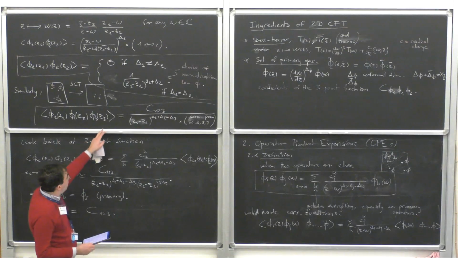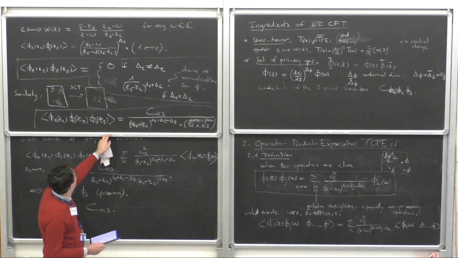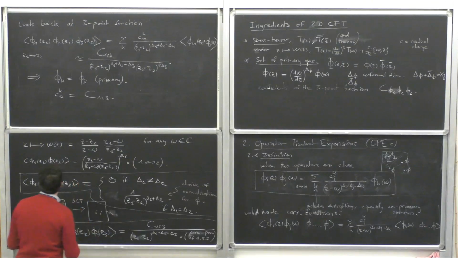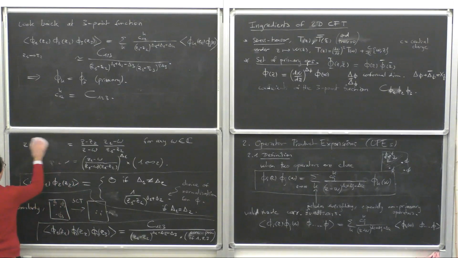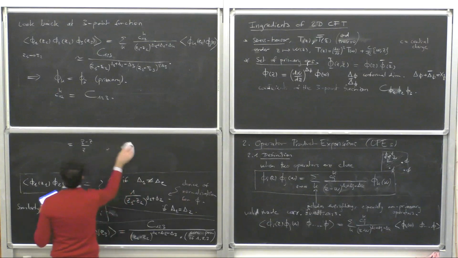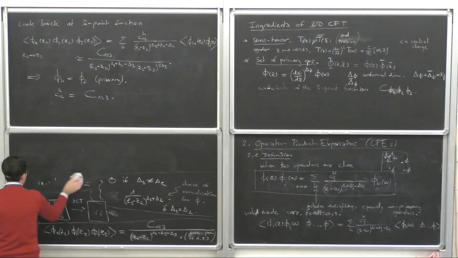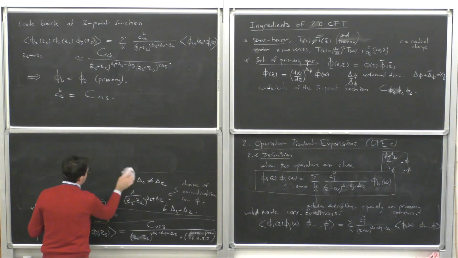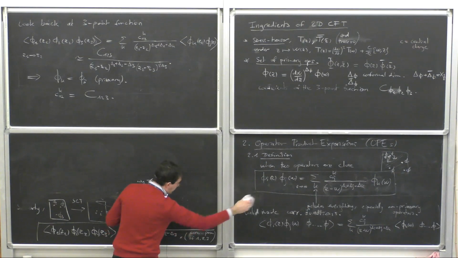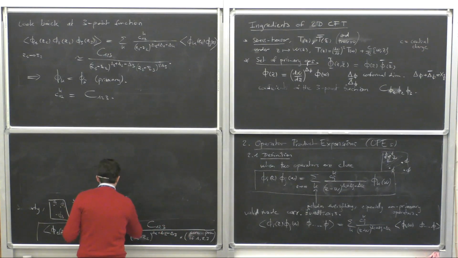Now, you can go further than this, but I'm not going to do it in this lecture. But let me just tell you what you can say about the structure of the other terms.